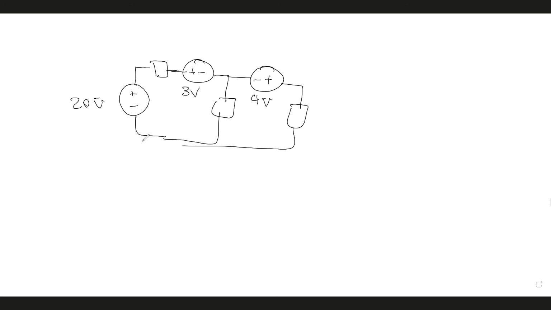In this case, can I combine? First question is, I have 3 voltage sources. In order to simplify my future calculation, I want to get rid of too many voltage sources, independent sources. Is it possible to simplify them?